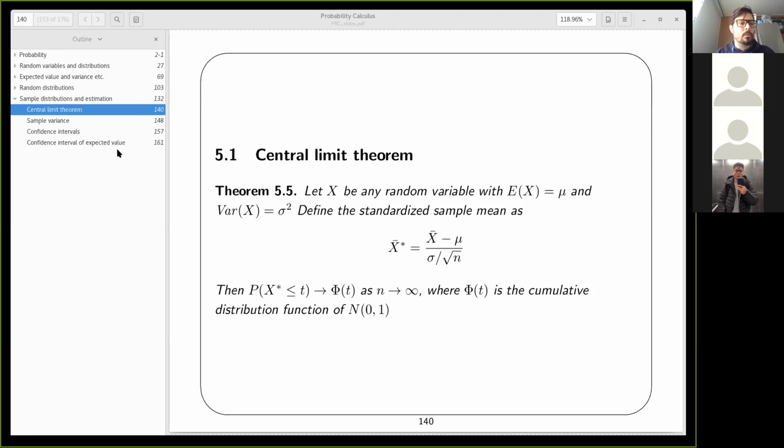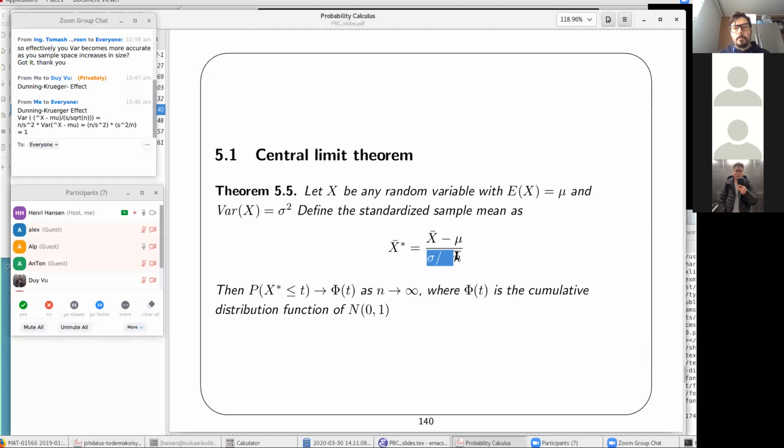So that is equal to 1. So it has a variance of 1. And the expected value: if we subtract mu and take the expected value, it's 1 over this times the expected value of x bar minus mu, but the expected value of x bar is mu, so that expected value is 0. So it has an expected value of 0 and a variance of 1.